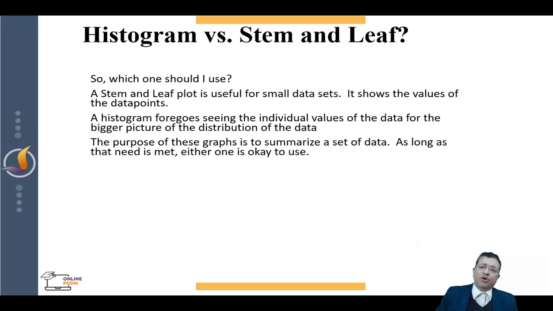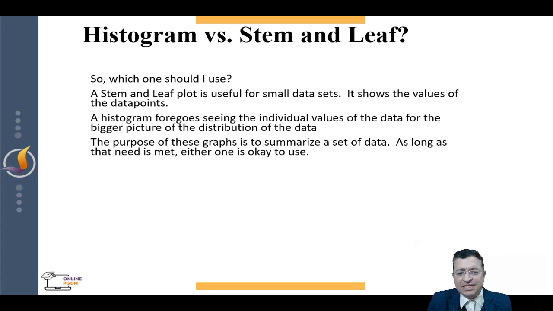Now when we talk about histogram versus stem and leaf, histogram is what? Histogram is actually a graphical representation of frequency distribution. So when we compare these two, which one should I use? A stem and leaf is useful for a small data set. It shows the value of the data points, and histogram forgoes showing the individual values of the data for the bigger picture of the distribution of the data.